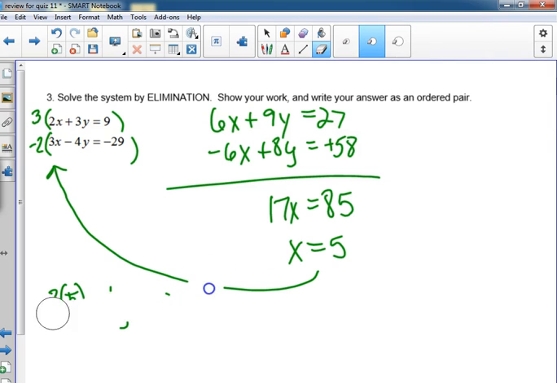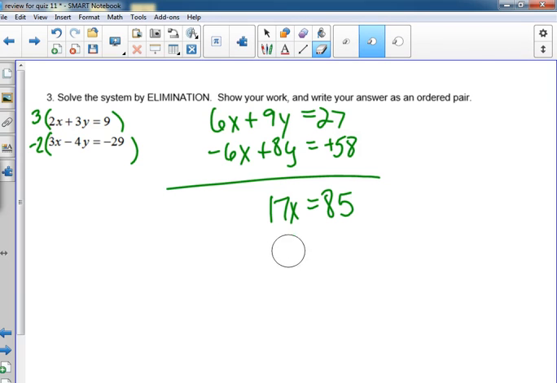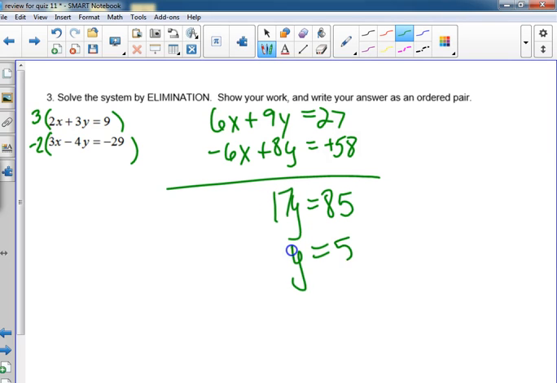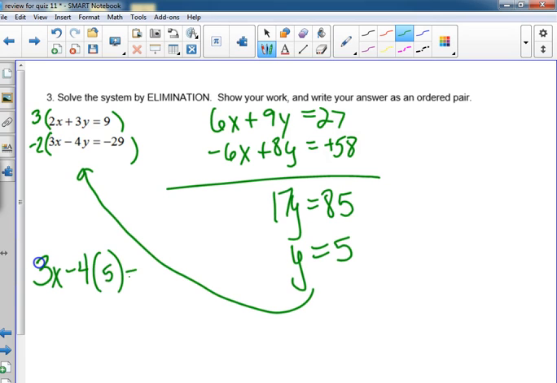See how I always do that wrong? Just checking. Yep. 17y, yep. Y equals 5, so I'm going to do it wrong and put it in for the y. You do not have to, but you can because it should work in both.